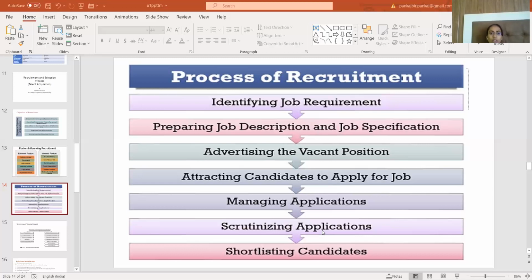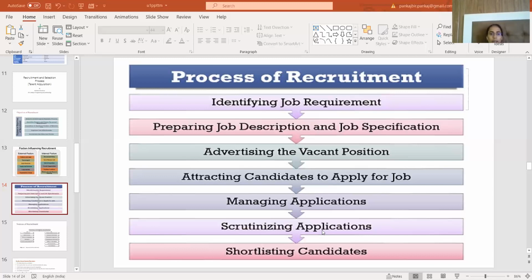The recruiter needs to chalk out both so that they get proper insight into which kind of candidate is needed for that vacancy.